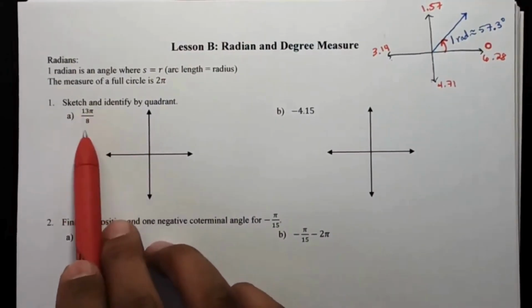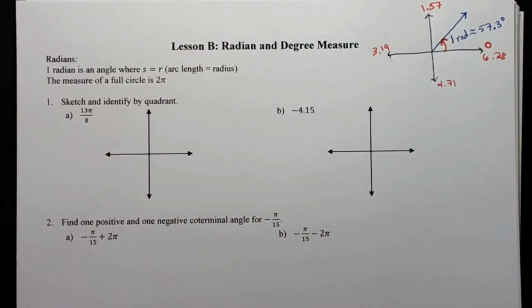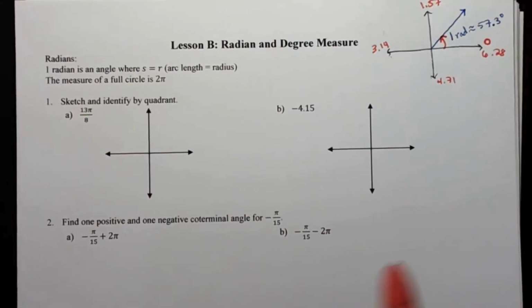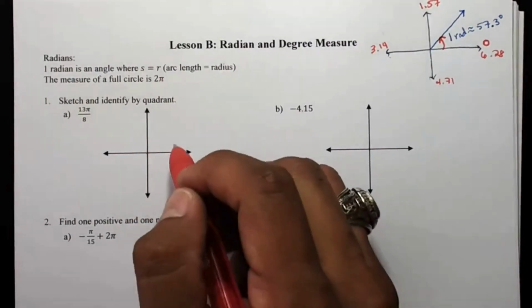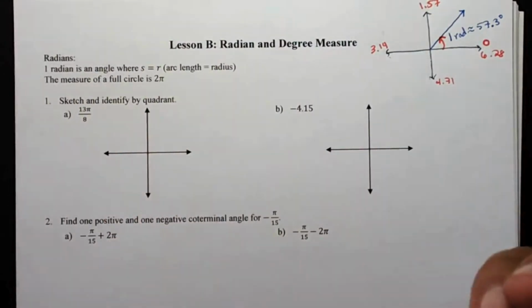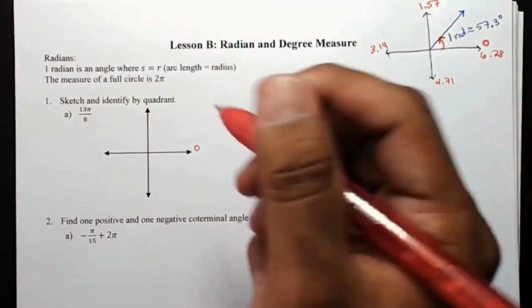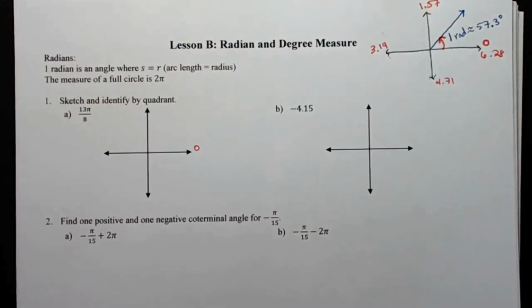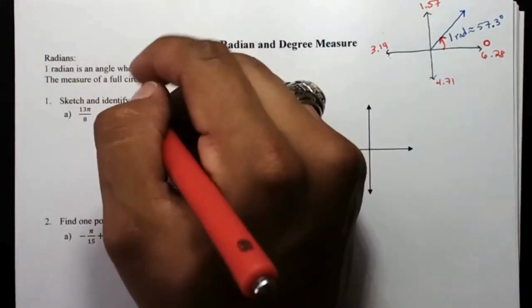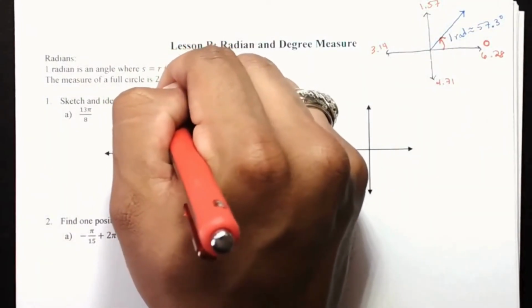If I asked you to sketch 13 pi over 8, well, is 13 pi over 8 on the unit circle? Well, we don't know yet. We haven't looked at it, but I can still ask you to graph it. So what I'm going to do is put my quadrantals in terms of pi over 8. I'm going to start here with 0. Pi over 2 with a denominator of 8 would be 4 pi over 8.